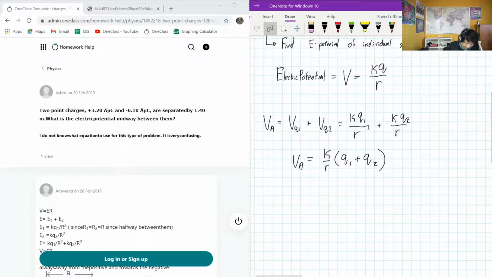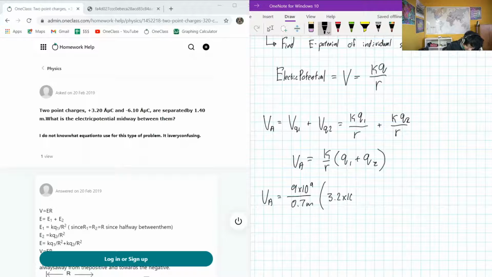Our k value is Coulomb's constant. So let's start subbing in our numbers. We have 9 times 10 to the 9 for our Coulomb's constant. r is 0.7 meters. Q1 is positive 3.2 times 10 to the negative 6 coulombs plus, and our second charge is negative.